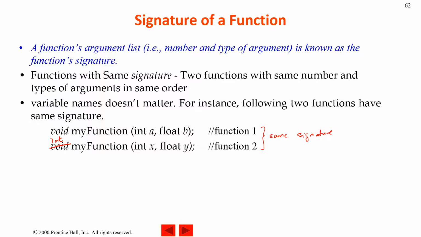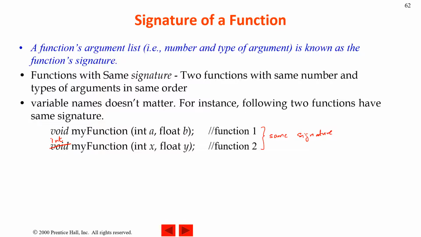What matters is the function's name is the same, the number, type and order of the variables is also the same. So my function takes two variables of type int and float. My function takes two variables of type int and float. This means that they have the same signature.